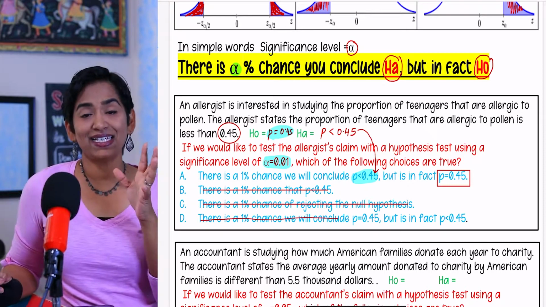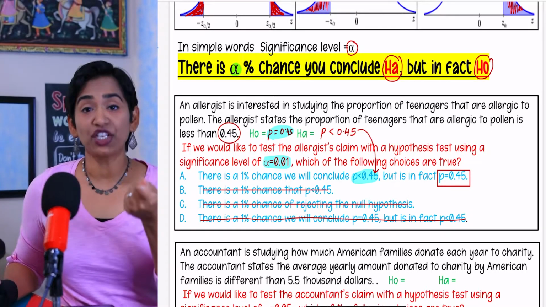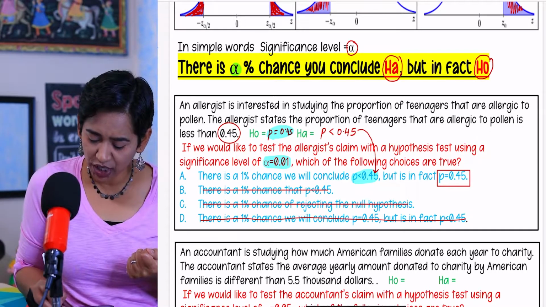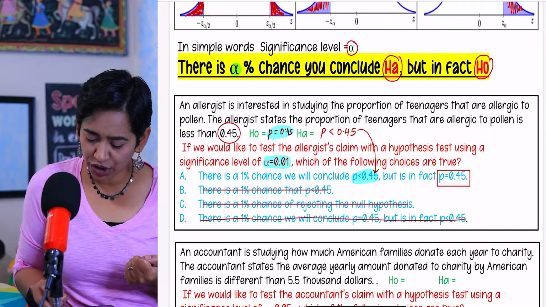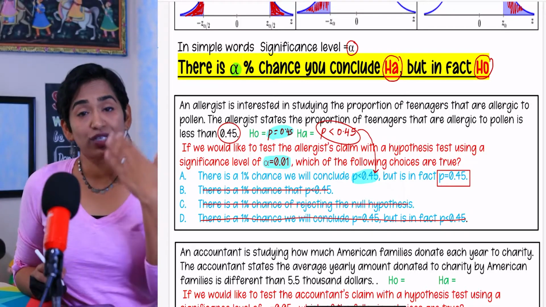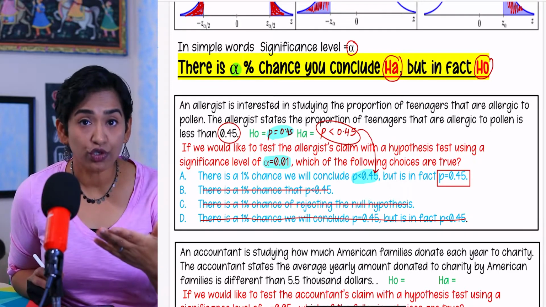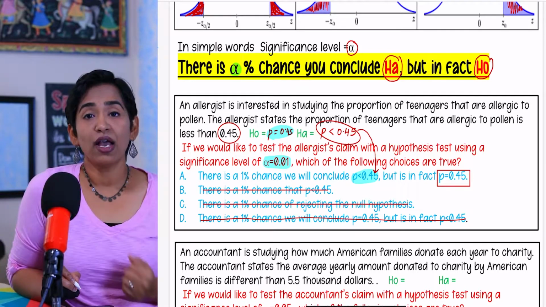So the easiest way is to start with your alpha and you conclude HA. In this case, what's my HA? Proportion is less than 0.45. So you're concluding proportion is less than 0.45 when actually it is equal to 0.45, which is your null hypothesis.